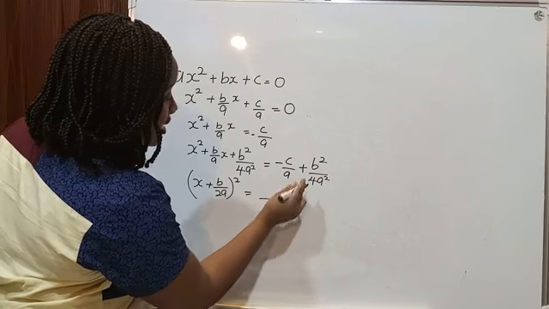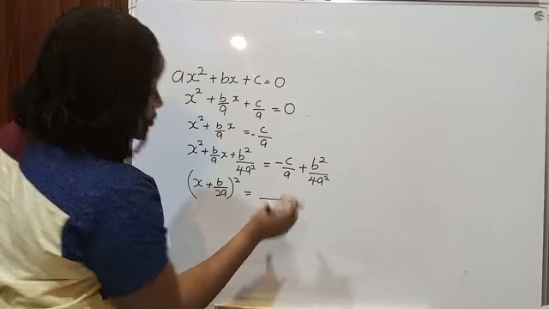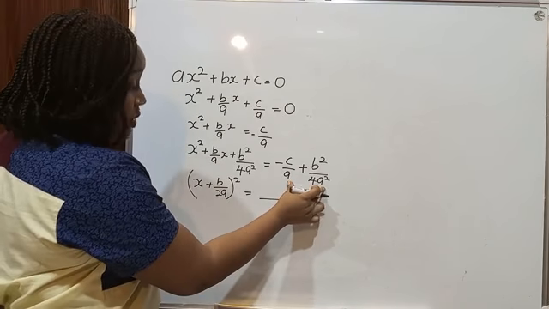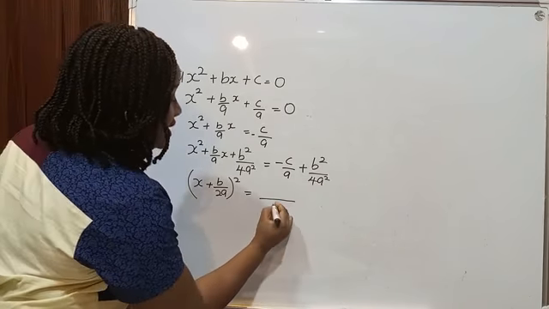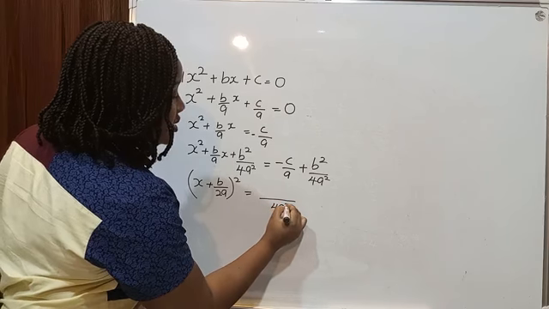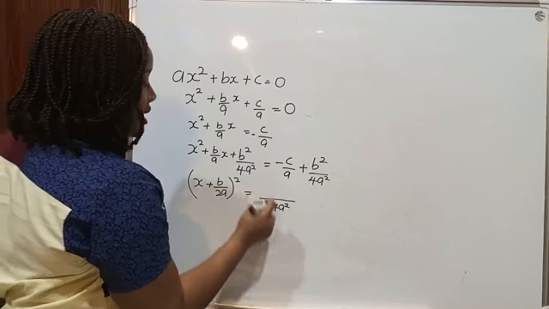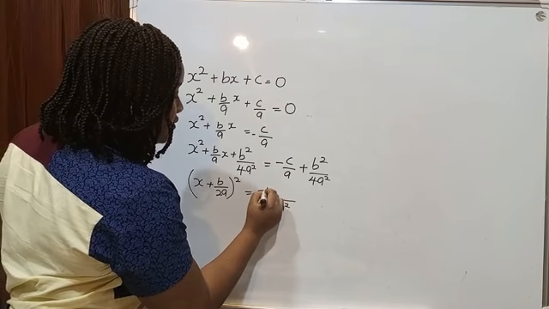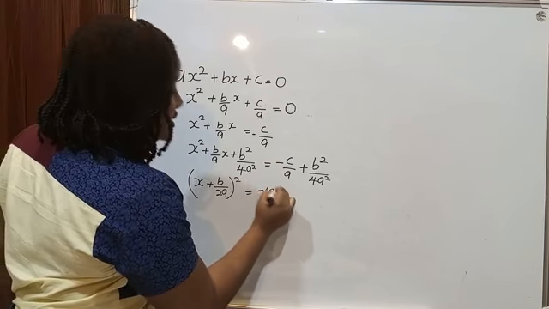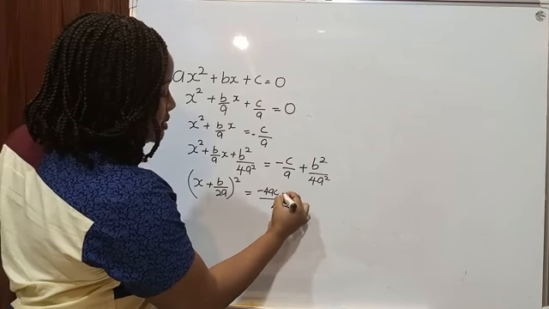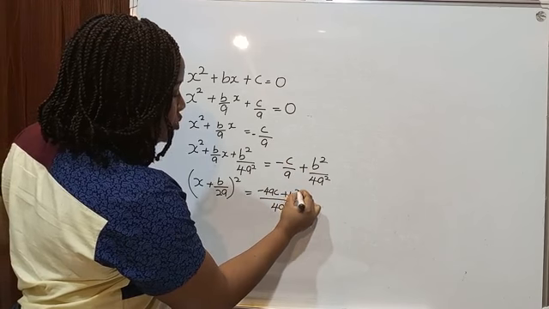The lowest common multiple for a and 4a squared is 4a squared. So 4a squared divided by a gives us 4a, times this, you have minus 4ac, plus b squared.